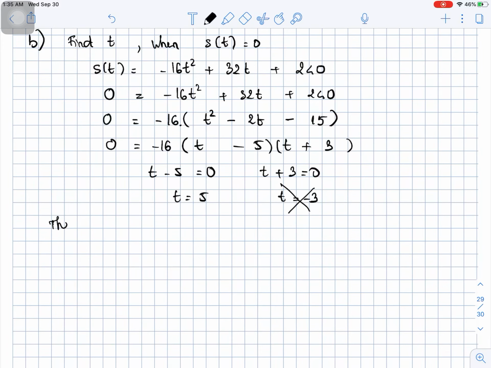Then t equals 5 and t equals negative 3. We will eliminate the one that does not make sense. So we conclude that the ball will strike the water after 5 seconds.